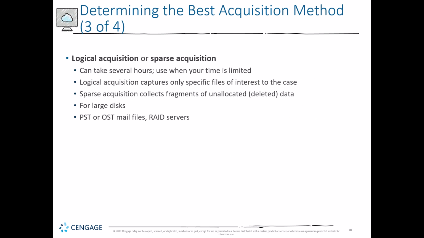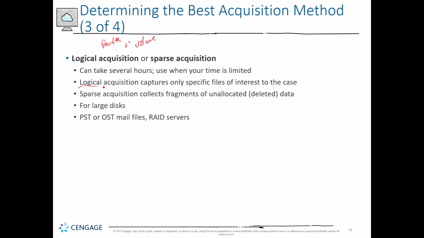And again, this is going to be a huge time concern, because when we do logical acquisition, also sometimes partition or volume partitions, this is basically when you have limited time, this may not be a good option.